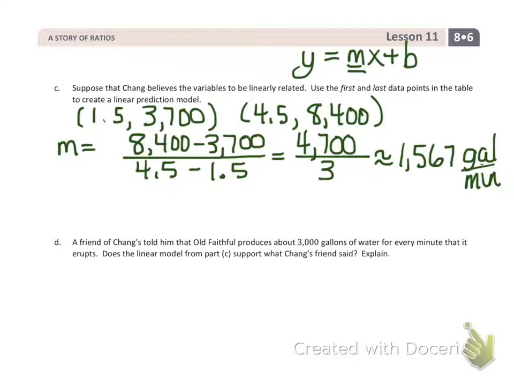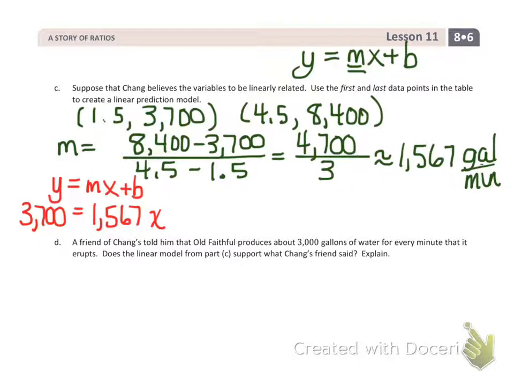So y equals mx plus b. Let me get a different color here. I'm going to cram this together. So we've got y is equal to mx plus b. So we can put in 3,700 for y. And our slope is 1,567, and that's times x.